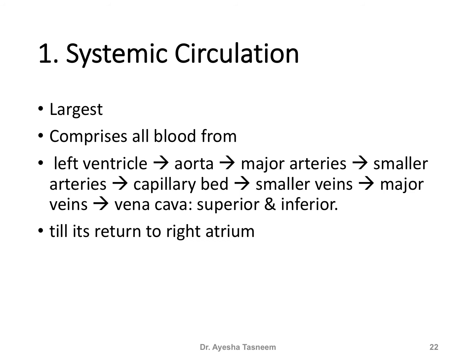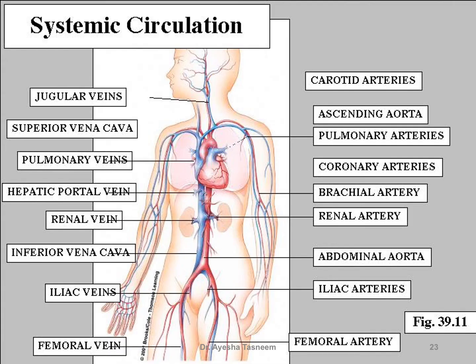Then it goes into the right atrium. Here you can see the carotid arteries and pulmonary arteries. Here you can see all the arteries and veins that play their part in the systemic circulation.